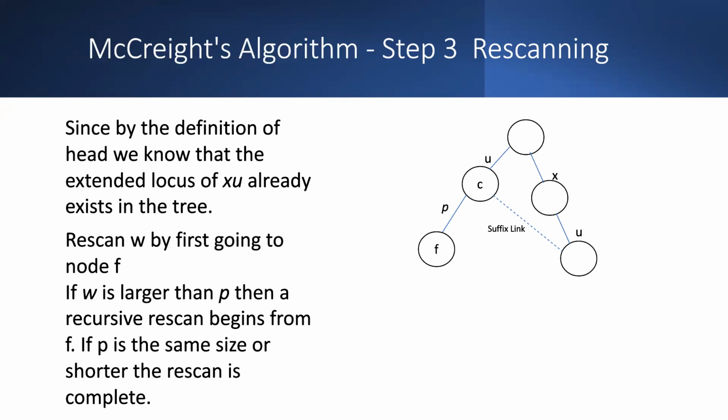We know by the definition of head that XU already exists in the tree. We're going to rescan W by first going to node F. If W is larger than P, then a recursive rescan begins from F. And if P is the same size or shorter, then we're going to consider it to be complete.